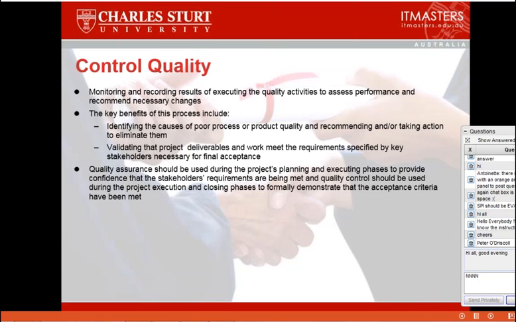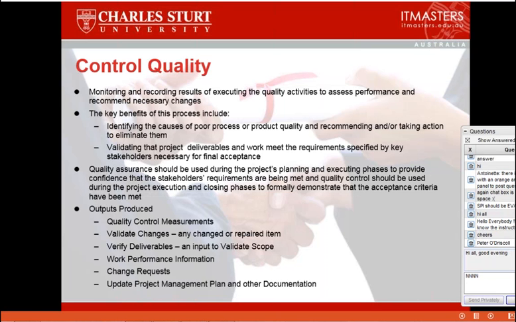This word should really be verify: verify the deliverables are properly delivered before you hand them over to the customer for scope validation. So verify deliverables, you see, is written down there at the bottom. So that's the important point, and validate scope is under scope management.